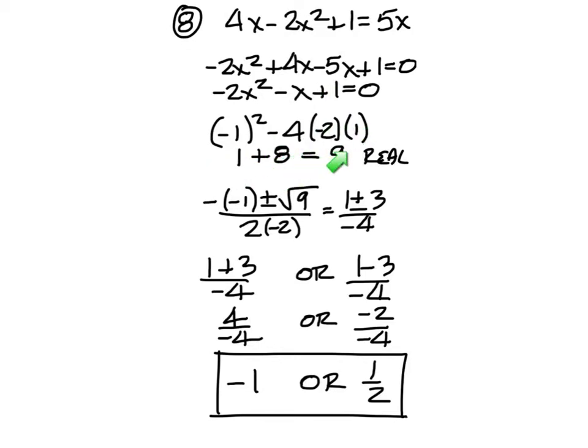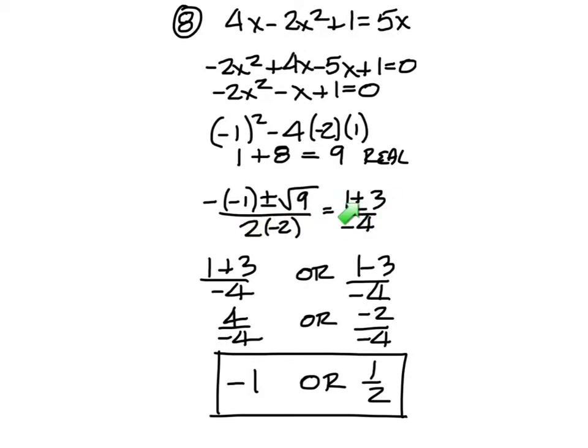Anytime you get a perfect square for the discriminant, it's going to be a neat answer. It may end up still being a fraction, but that's better than the i's and all that stuff. So in your formula, your negative b is negative negative 1, plus or minus the square root of the discriminant, 9. Then on the bottom, 2 times negative 2 from the A. So it ends up being 1 plus or minus 3 on the top and a negative 4 on the bottom.